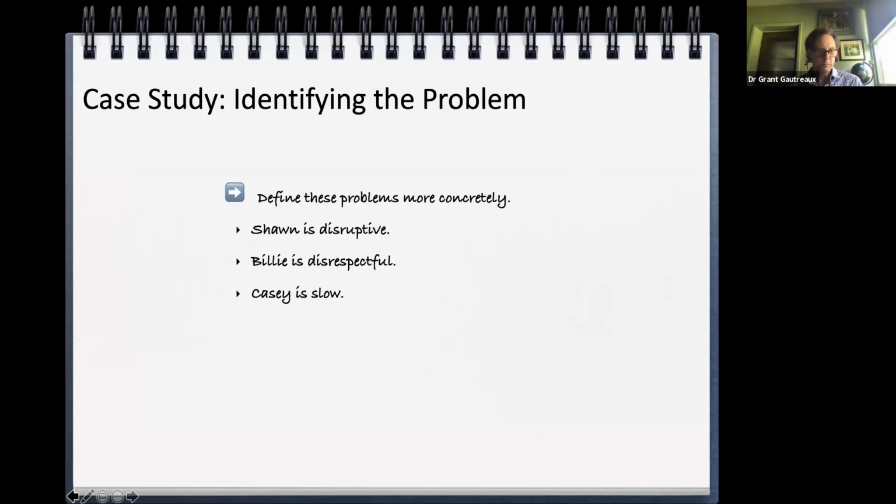What's an example of being disruptive? What's an example of not being disruptive? It's not based on our opinion. It is based on some type of objective, measurable, verifiable behavior that more than one person can look at and then record.